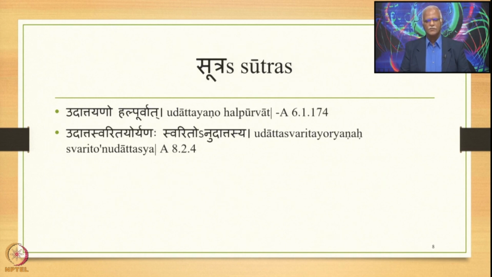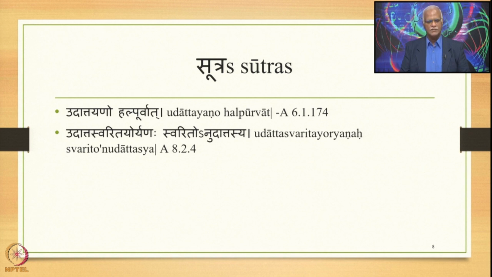In this particular lecture, we shall focus on these two sutras which are primarily the internal yan sandhi based sutras dealing with accent. The first one is 174 Udatta Yano Halpurvat.